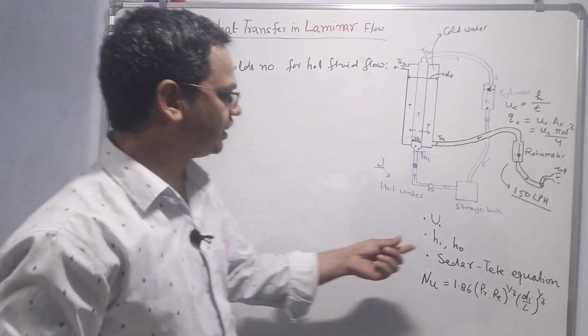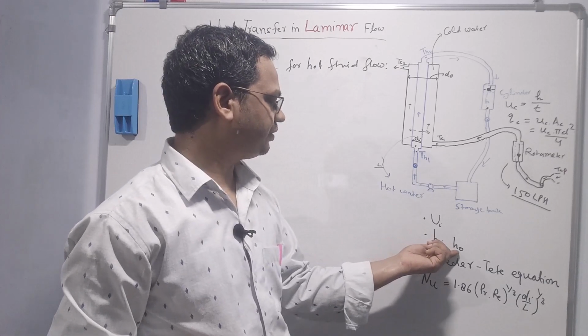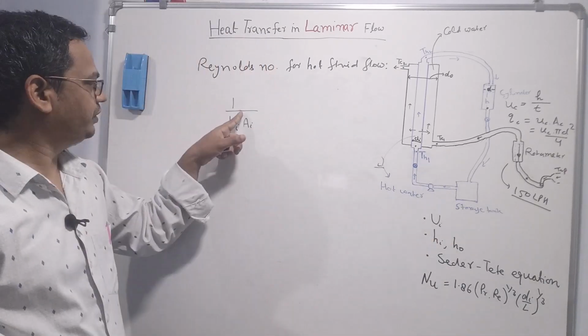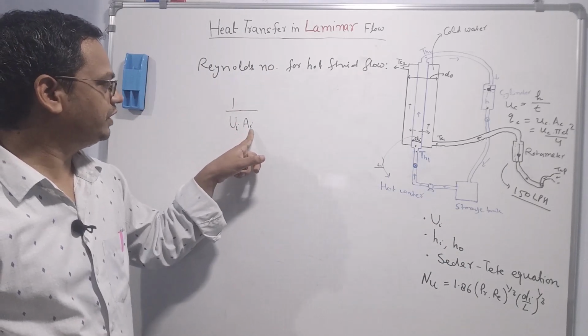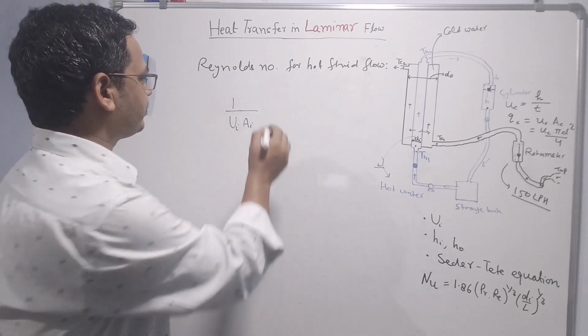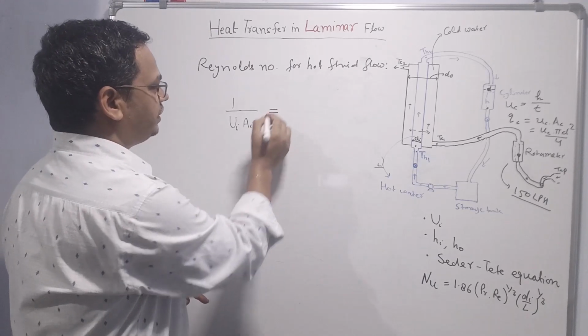Now coming to the calculation of individual heat transfer coefficient. We know that the inverse of overall heat transfer coefficient with heat transfer area gives the total resistance. We have three resistances.